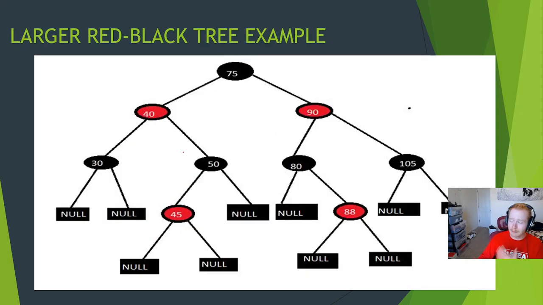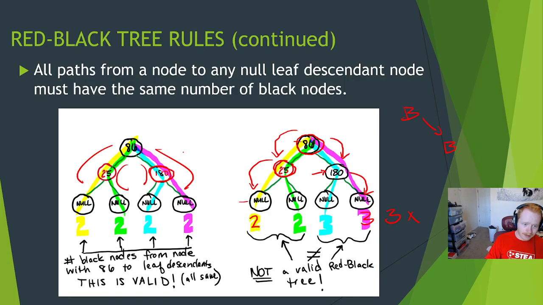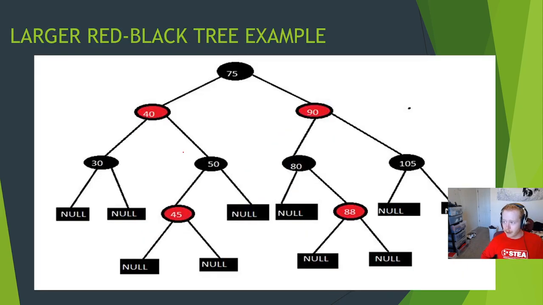If you want a larger red-black tree example that doesn't look like a rainbow threw up on it, this passes. We have a black node to start, all of our leaf nodes are black, and any path that we go down follows the number of black rules.